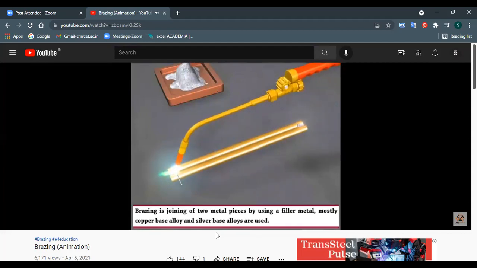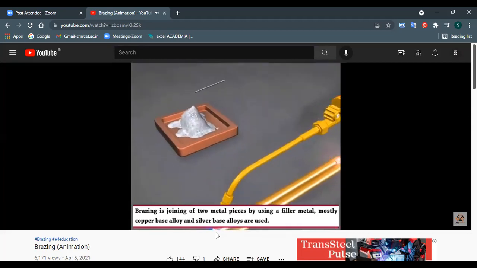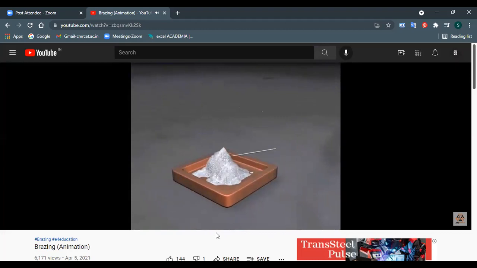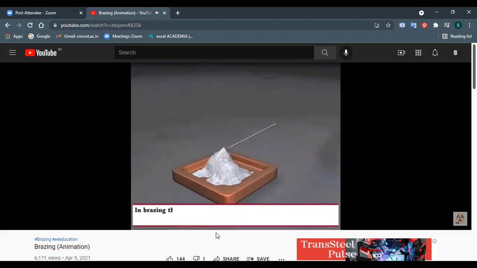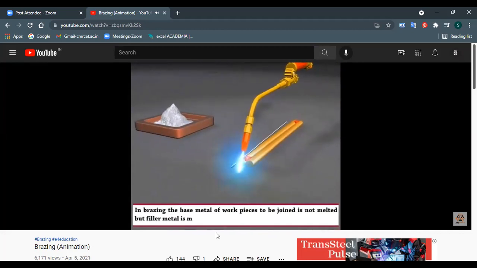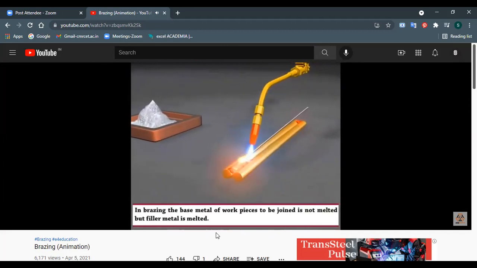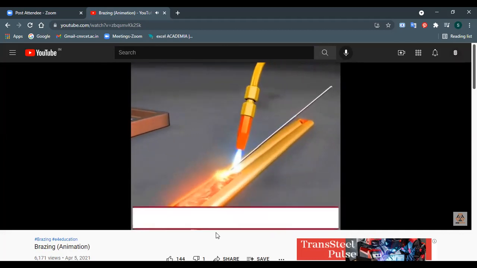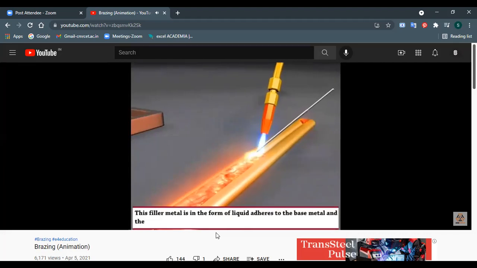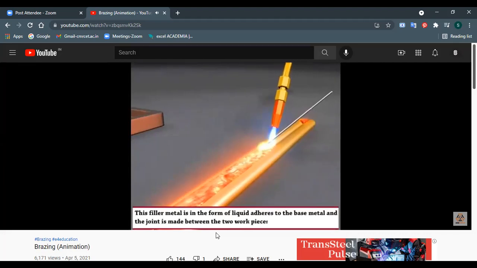Mostly copper-based alloys and silver-based alloys are used. In brazing, the base metal of the workpieces to be joined is not melted, but the filler metal is melted. This filler metal in the form of liquid adheres to the base metal, and the joint is made between the two workpieces.